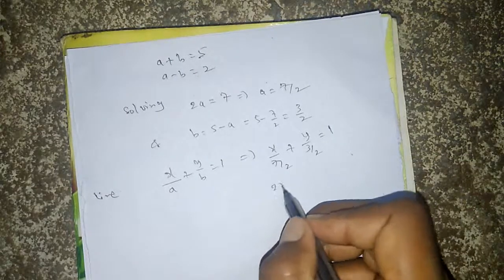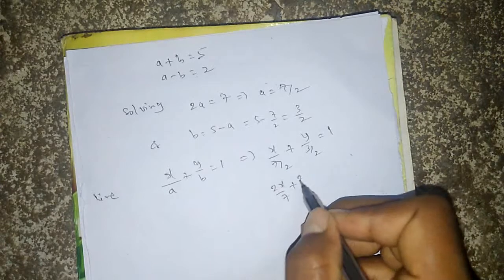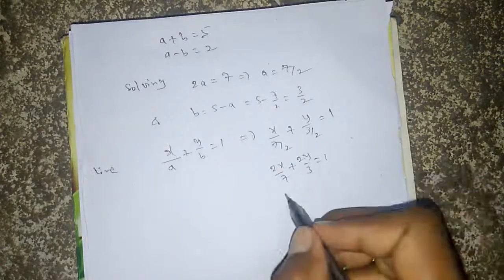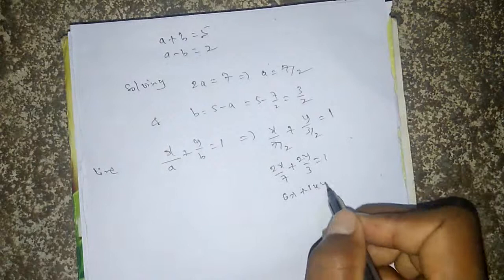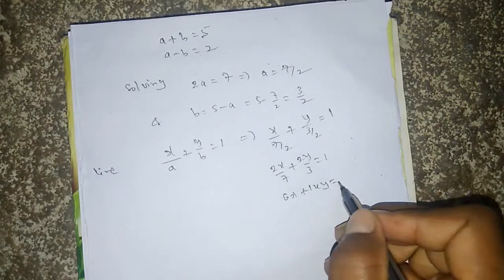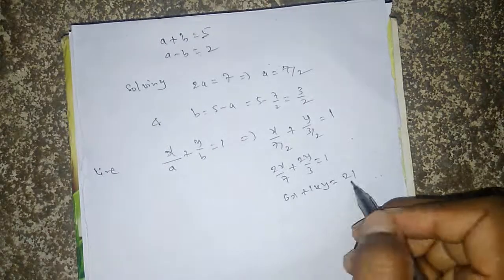So take LCM, 2x/7 + 2y/3 = 1, 6x + 14y = 21.